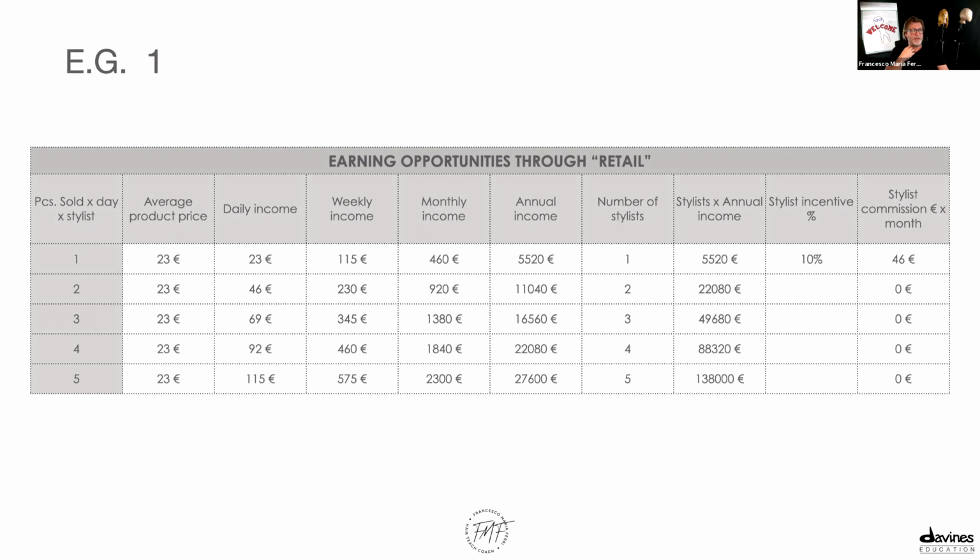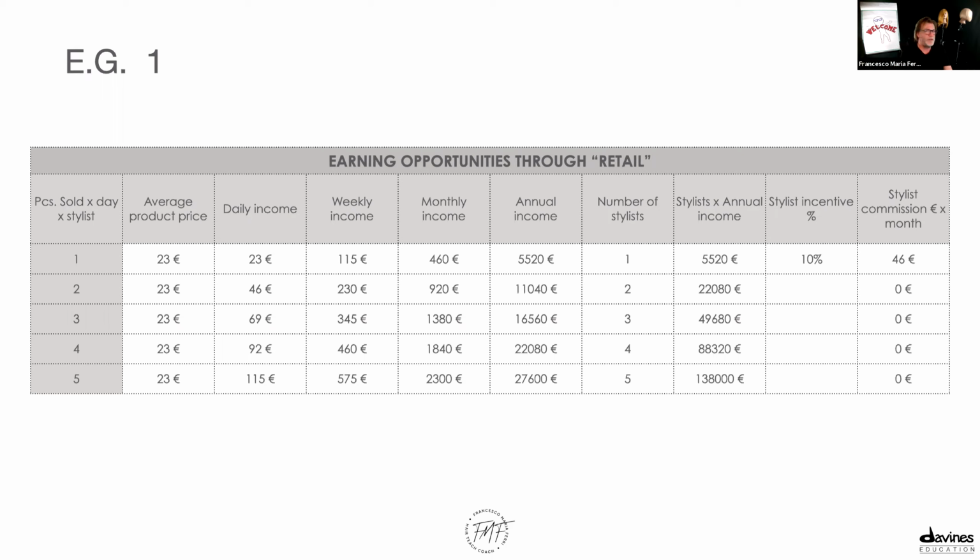This chart is providing us a very, very basic example of providing commissions to the stylist, and it's probably also giving us a better idea of how much opportunity there is outside by having a good retail system in action, okay?